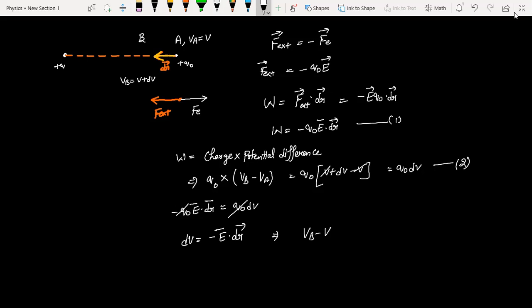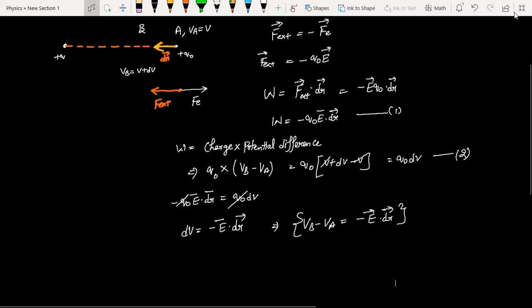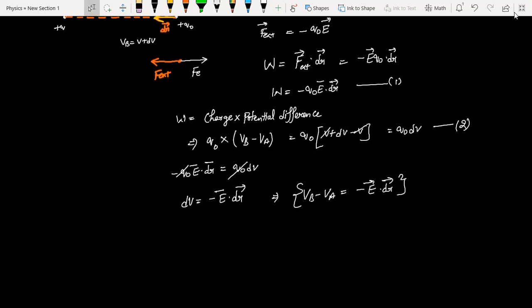It can also be written as VB minus VA, meaning potential difference, is nothing but the electric field dotted with the vector dr. So for our case, which we choose, we can write the electric field as minus dV upon dr. So this is the differential form of the relation between electric field and potential.